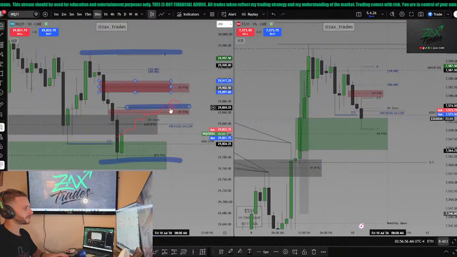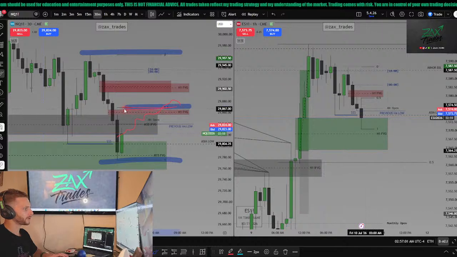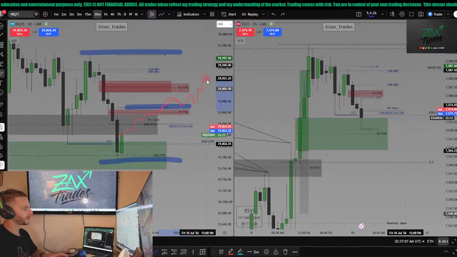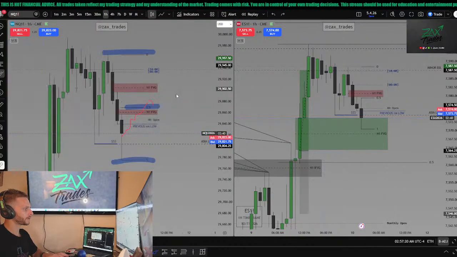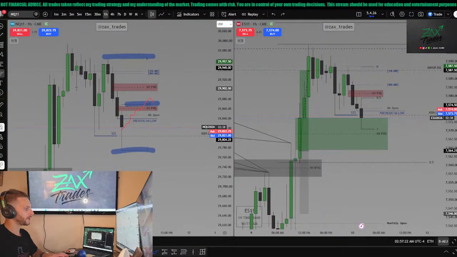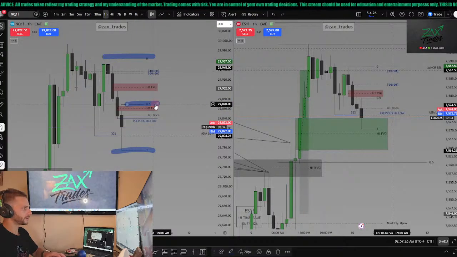And then I could also use that 1 hour equilibrium being ran through and then turning into support as part of bias, that once the 30 went IFEG, I would have more confidence that the 1 hour would actually close IFEG. All right, so let me clean this up just a bit here.